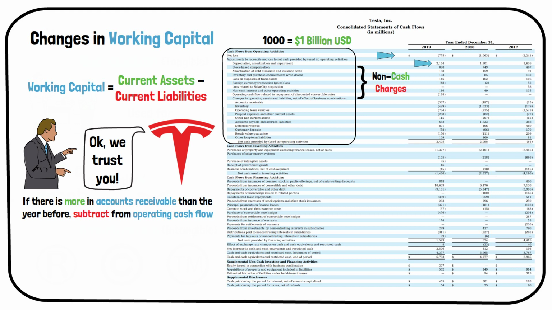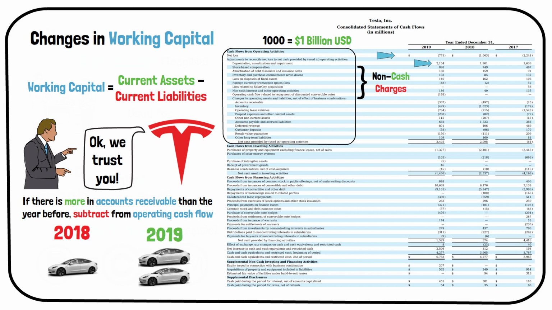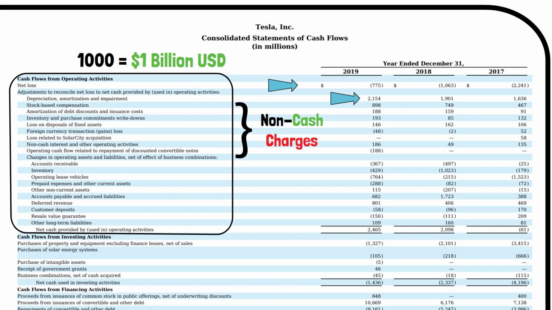The same thing happens if inventory increases from the year before. Tesla would subtract the inventory dollar amount from the operating cash flow because the increase in inventory means that more cash was spent. The rest of the current assets and current liabilities are just the dollar amount changes from the year before.